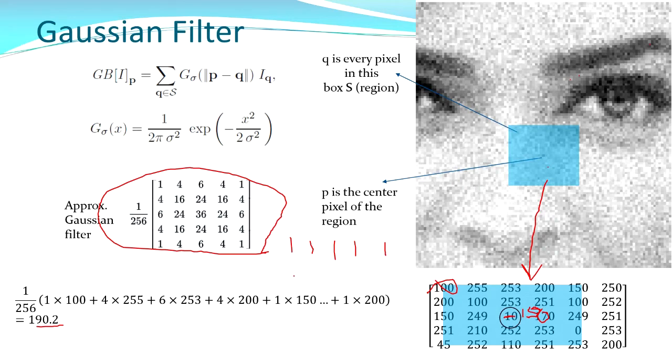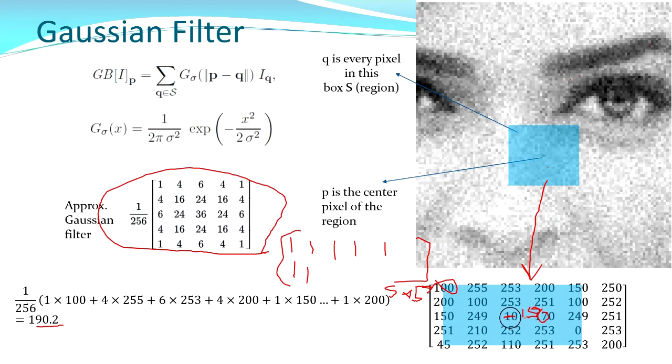So it is a 5 cross 5 filter having all ones. That also is something that you can have, but the point is that a Gaussian filter gives a better output.